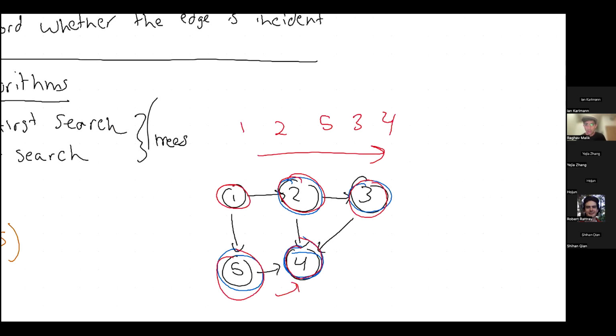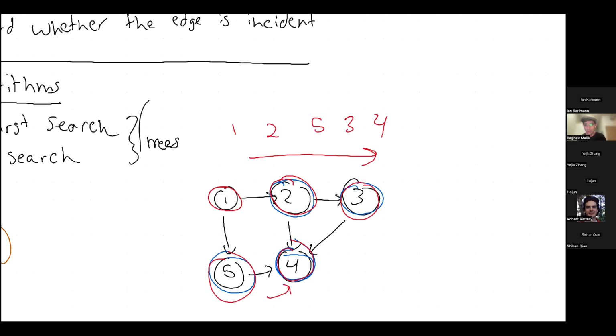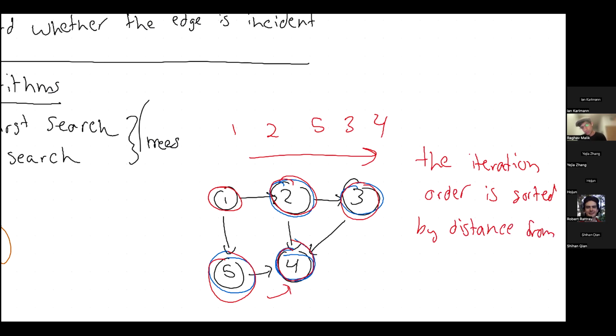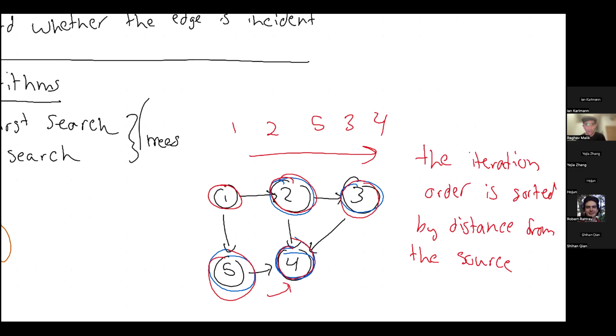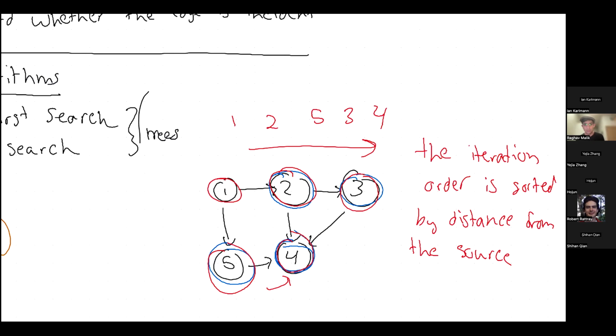In particular, the iteration order is sorted by distance from the source. 1 is obviously a distance of 0 from the source. 2 and 5 are both a distance of 1 because there's a single edge. 3 and 4 are both a distance of 2 because I can take 2 steps to get to 3.